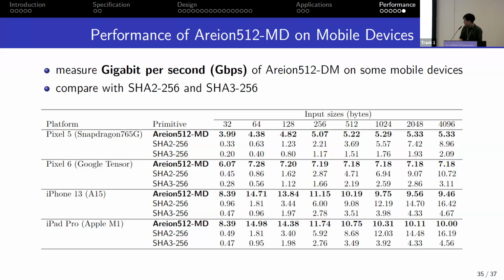And this result shows that Rayon 512 MD is the fastest in some range. So this shows the efficiency of Rayon 512 MD even on mobile devices.